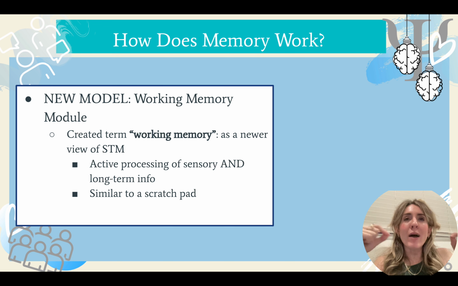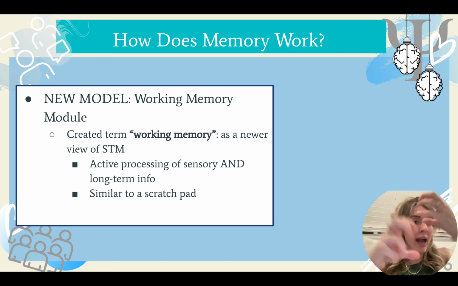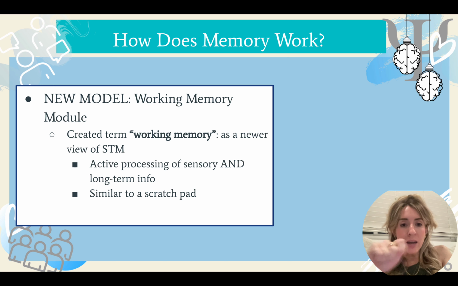This is because we wanted to give you the idea that it's more active. It's not just a place where memory is stored, but a place where memories are coming in from the outside and also being pulled from the inside, and your brain is actively working on both of them. It's like having a little internal scratch pad in your head to work out problems as they come at you.